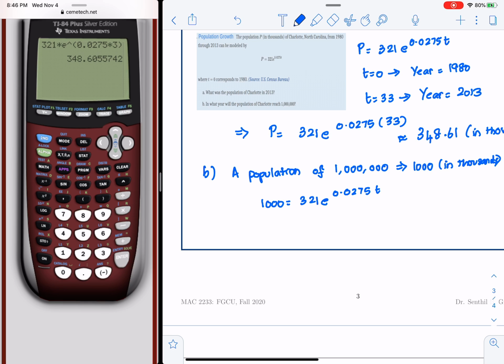t. Divide by 321 on both sides. 1,000 divided by 321 equals e raised 0.0275t. And that would give us 3.115.